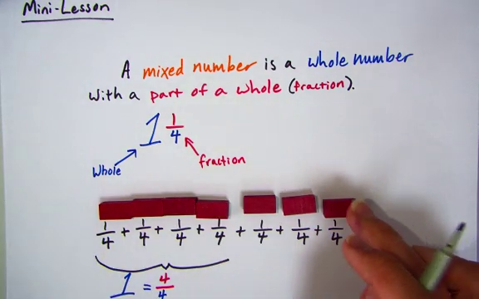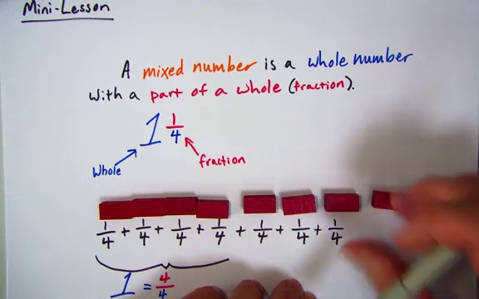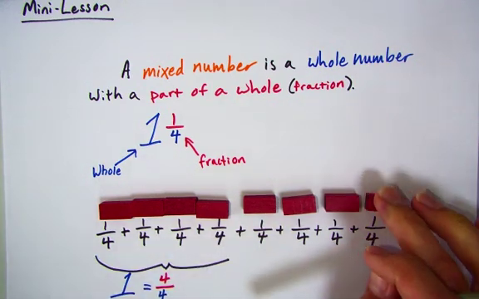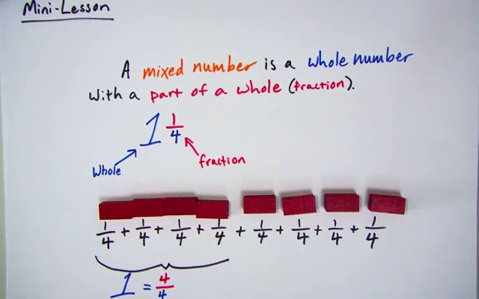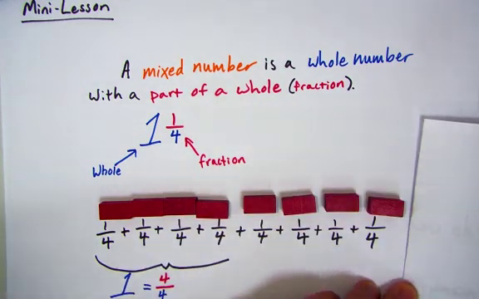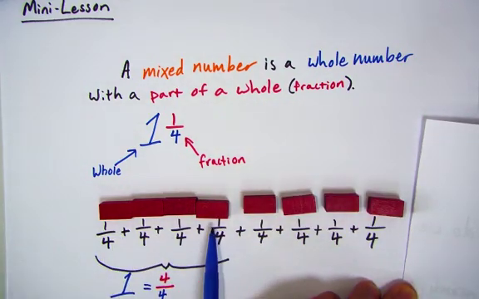Let's add another 1/4. Now, what is our mixed number? Or do we even have a mixed number? Let's write down what we have. Okay, so here I see that we have 4/4, which is equal to 1.